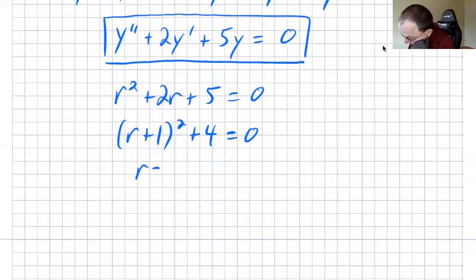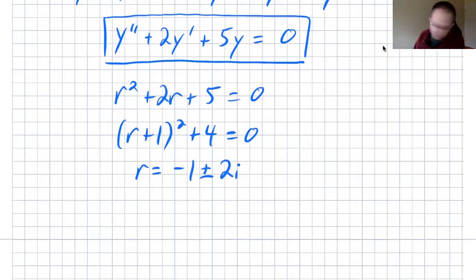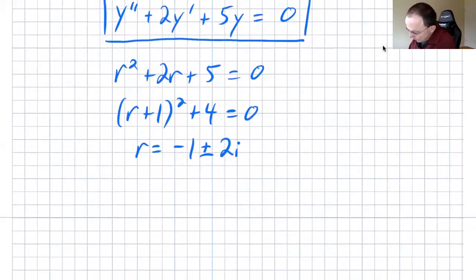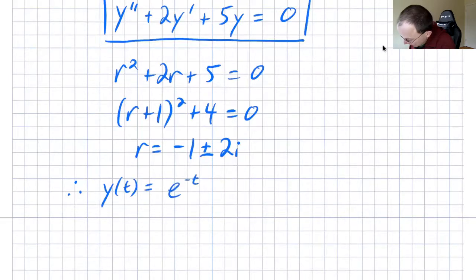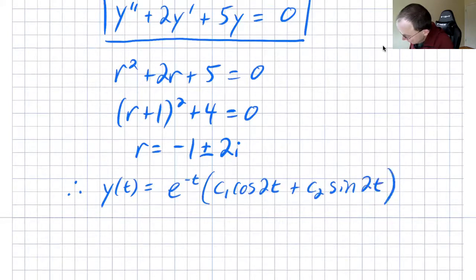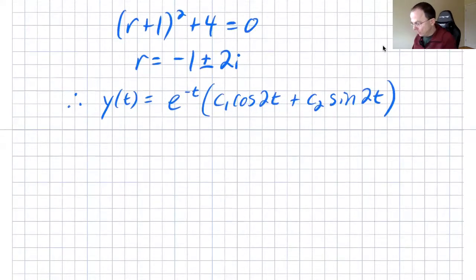And then I know that the roots are going to be negative 1 plus or minus 2i. And so therefore, the solution is y of t is equal to e to the negative t times c1 cosine 2t plus c2 sine 2t. And so that's the solution for y.